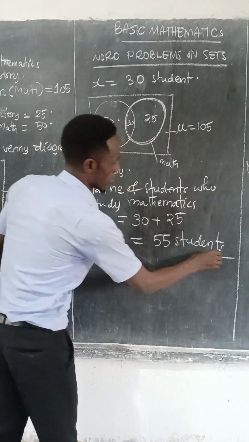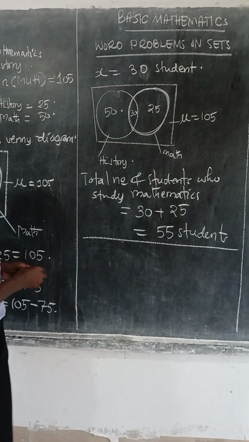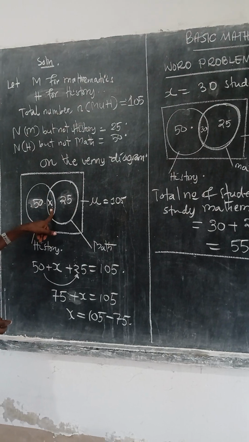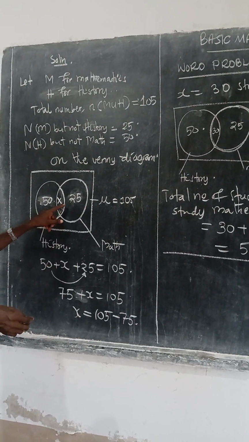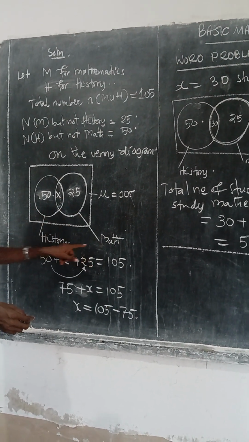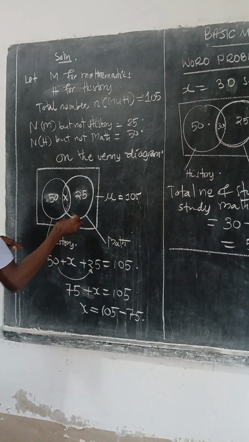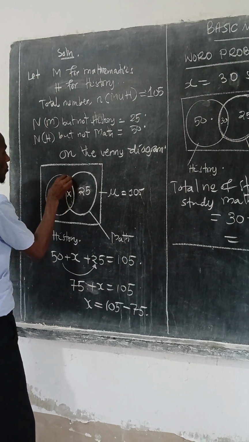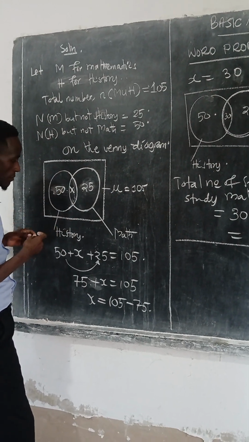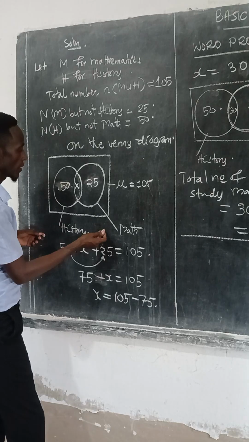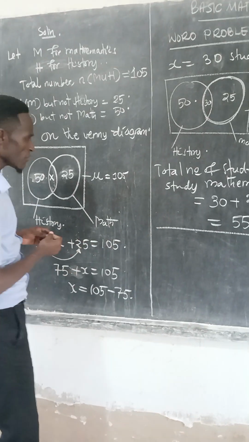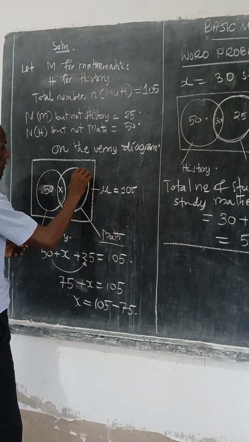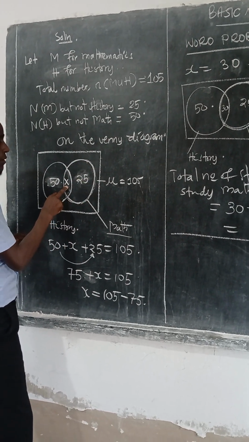So the problem is now over in that way. The problem is just to find the value of x. After getting the value of x, which is the intersection of these two scenarios, basic mathematics and history, you just look at how the question asks. For example, if it asks for the people who study basic mathematics, you look at the circle of basic mathematics, which includes x plus 25.